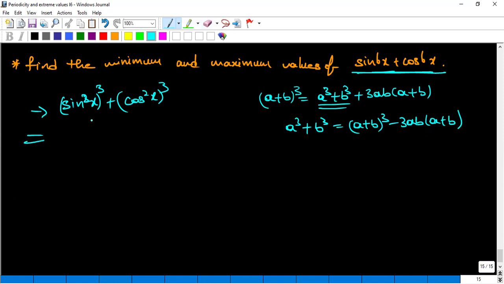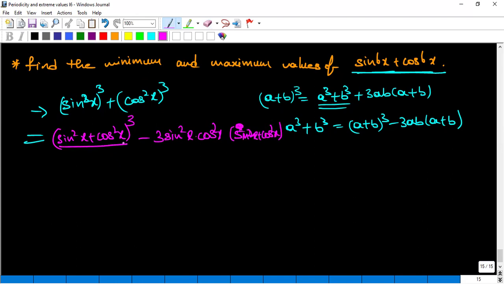Based on that formula, the a value here is sin square x, the b value is cos square x, and we can rearrange it as sin square x plus cos square x whole cube, minus 3 sin square x cos square x into sin square x plus cos square x. We know sin square theta plus cos square theta is 1, so 1 cube is 1, giving 1 minus 3 sin square x cos square x.